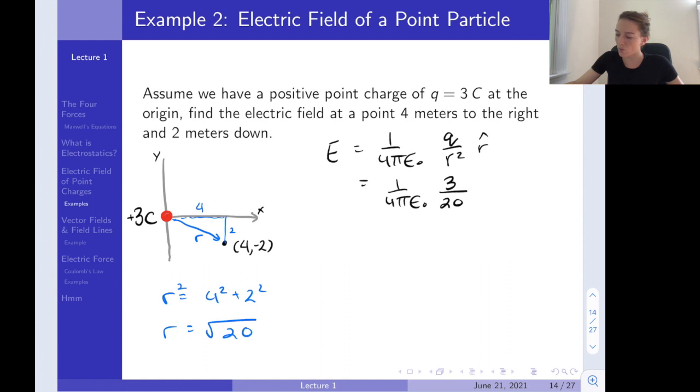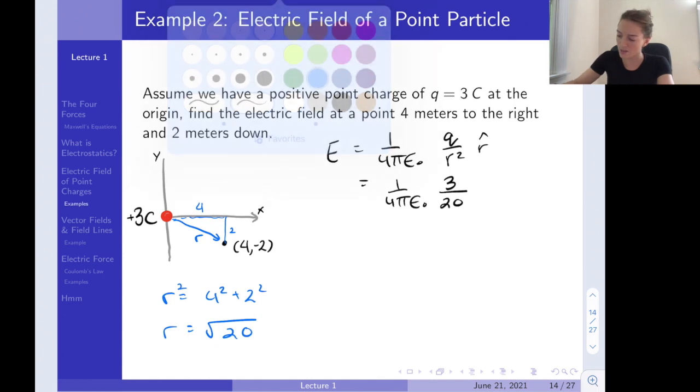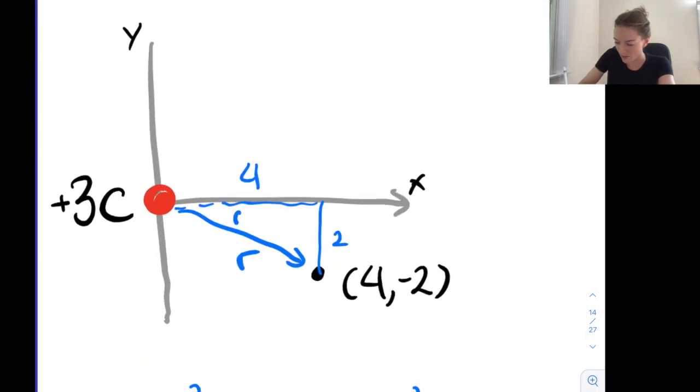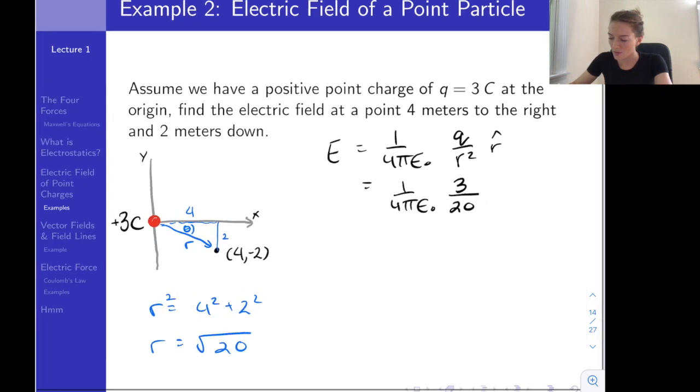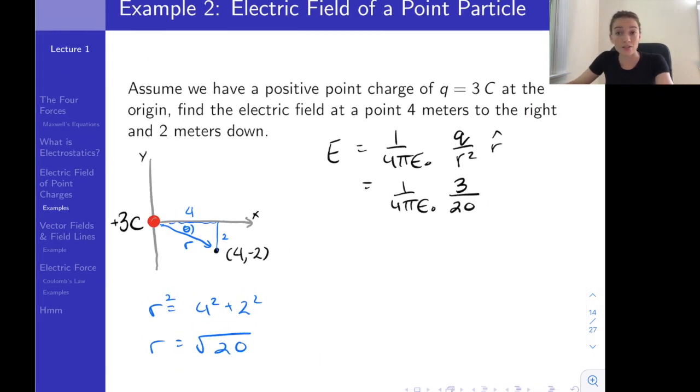And then what direction is r hat? We have a unit vector in this direction pointing down here. So we're going to have to break this up into components or figure out the angle. Let's figure out the angle first, since that will be relatively easy. So here, we want to figure out what this angle is. Well, we can use inverse tangent for that, right?